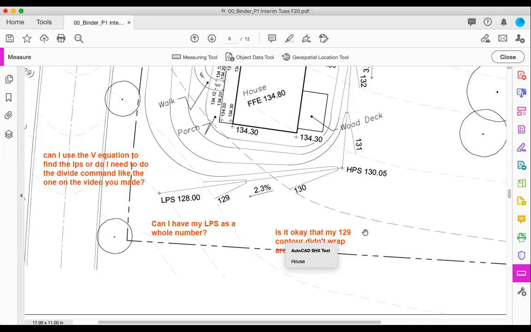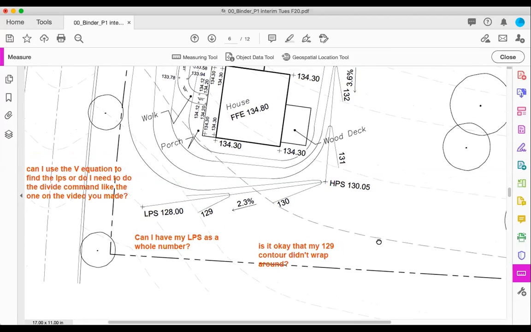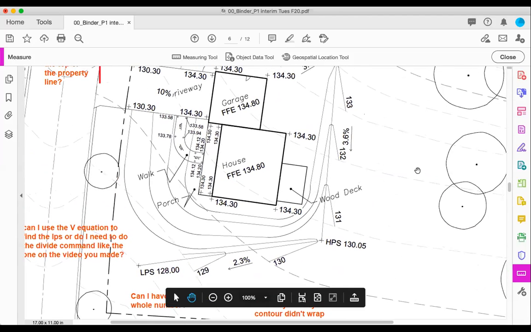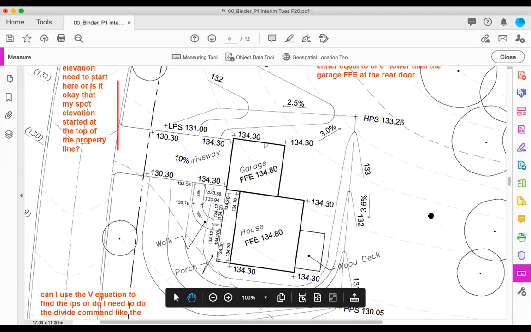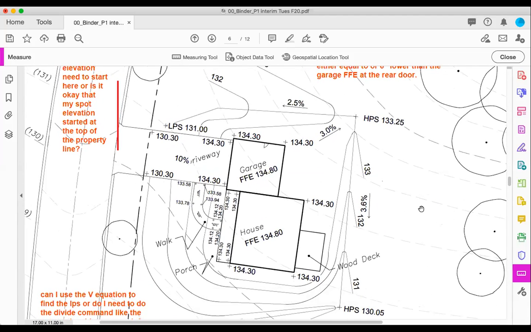Okay. Well, let's zoom back out and look at if there's a major or bigger scale adjustment that needs to be made in order for it to work. Is it okay that my 129 did not wrap around? In this case, no. But let's look at the big picture first. So you have your FFE at 134.8, which looks reasonable.